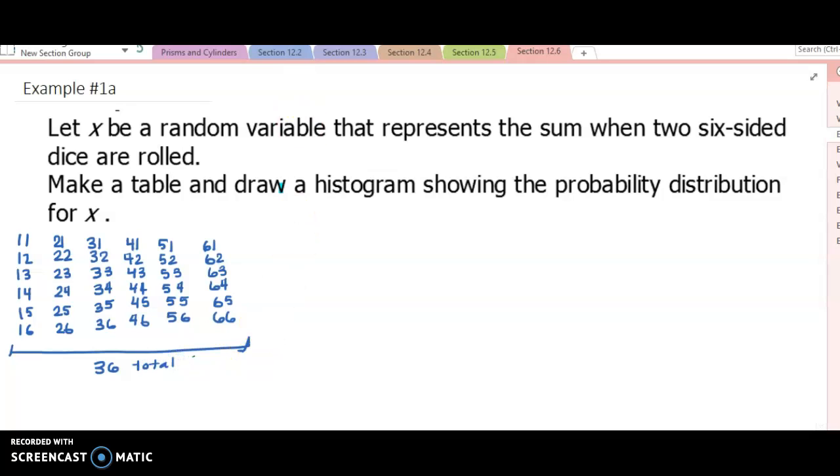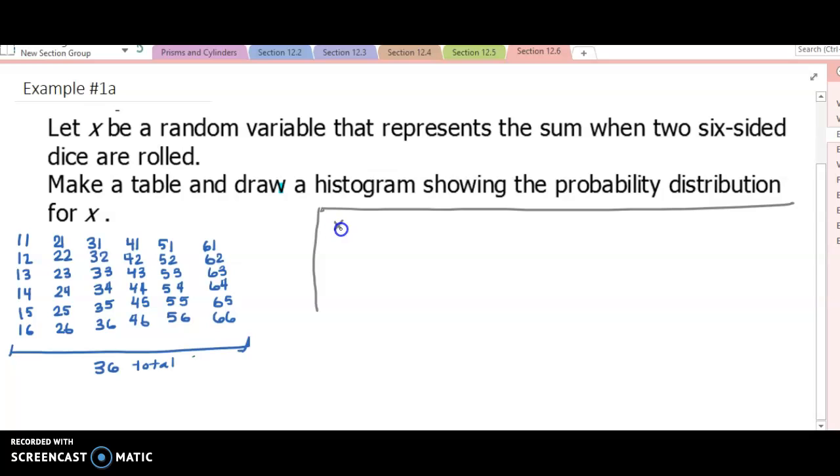Okay, now I want to make a table to put all these outcomes in. So I'm going to let x be my sum. Now notice that the smallest sum would be a 1 plus a 1, which is a 2, right? And my biggest sum would be 6 plus 6, which is a 12. So I'm going to go 2 through 12.